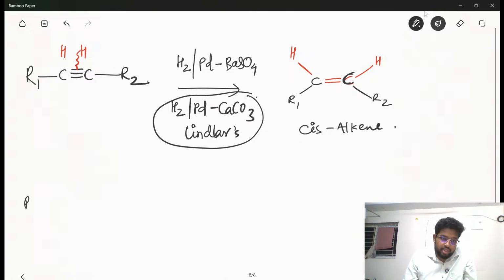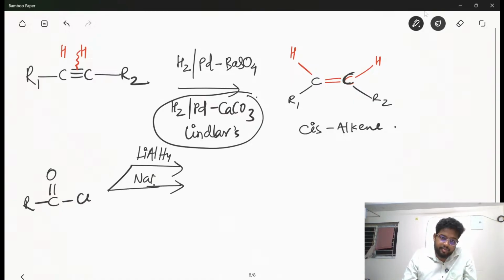One more thing you have to be careful: this acid chloride can react with LiAlH4, NaBH4 or H2/Pd. Do you remember what was the product in all three cases?